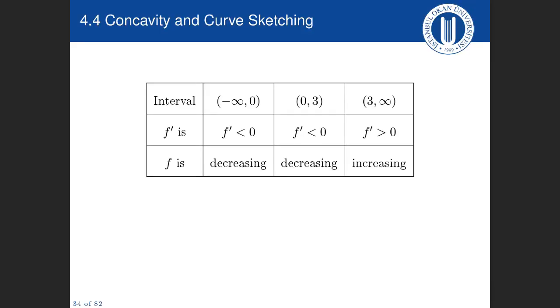We're looking at the intervals from minus infinity to 0, from 0 to 3, and from 3 to infinity. On each one of these, we need to decide, is f prime positive or is f prime negative? And that will tell us if f is decreasing or increasing.